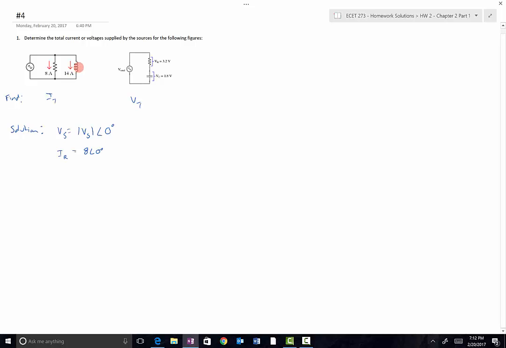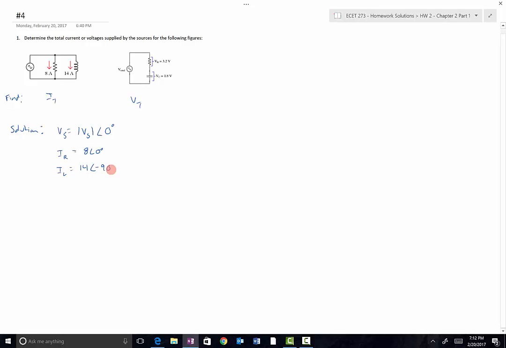And then we know that current and voltage are 90 degrees out of phase in an inductor, and current lags the voltage in an inductor. So for IL, we've got 14 amps as the magnitude given to us in the figure. And since the current is lagging the voltage, we know that it's got to be at negative 90 degrees.